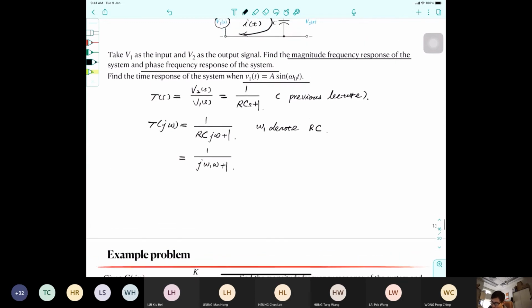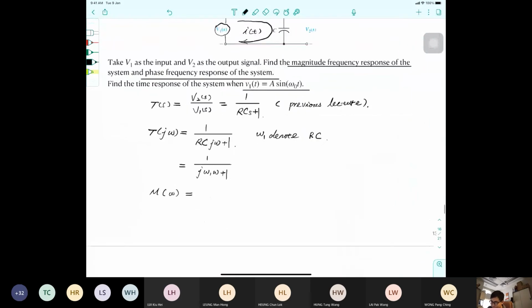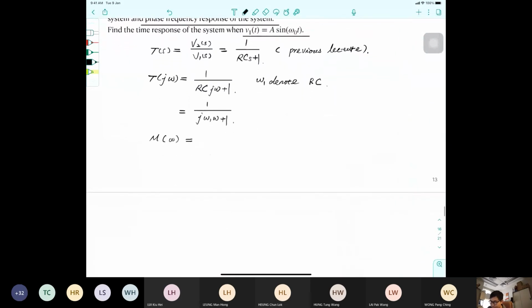Now let's see the magnitude response of the system, what it is. Square root of (ω1ω) squared plus 1, 1 over this.